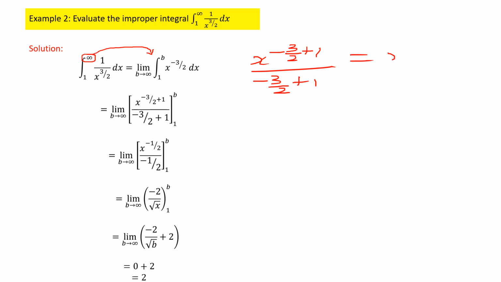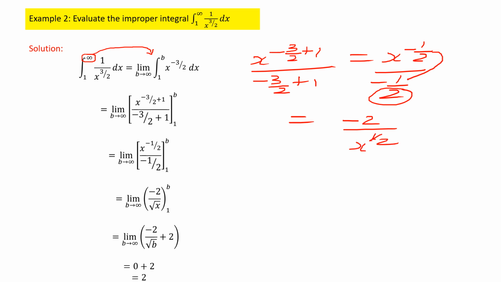If I simplify, I will get x to the power minus half divided by minus half. Then this will become minus 2 over x to the power plus half. That is, I will bring this x to the power minus 1 by 2 down. Then with further simplification, I can say this as minus 2 square root of x between the limits 1 and b.